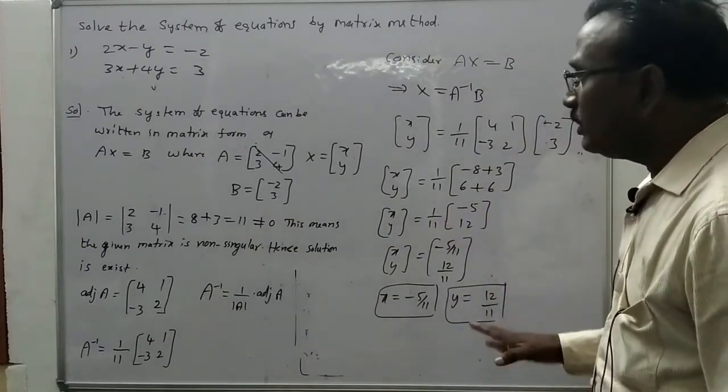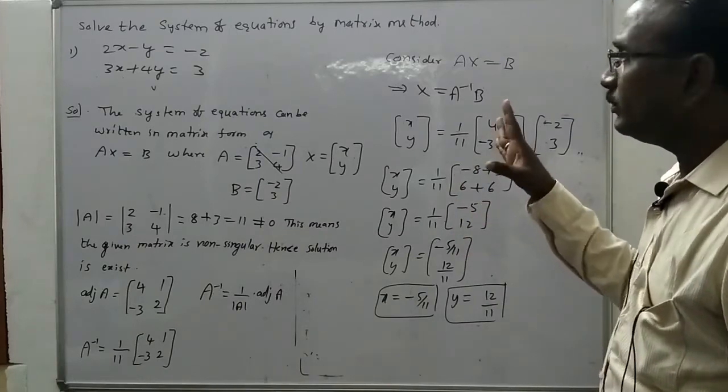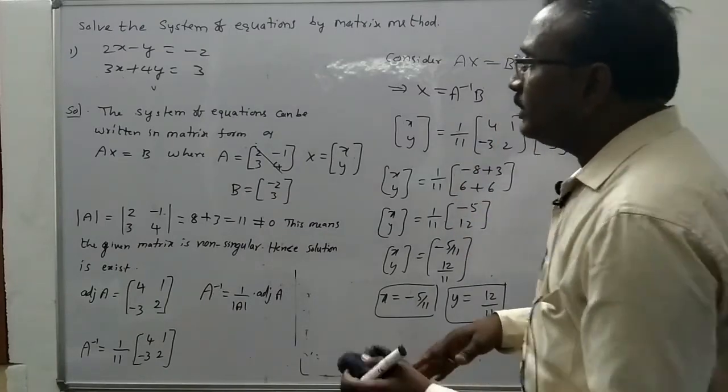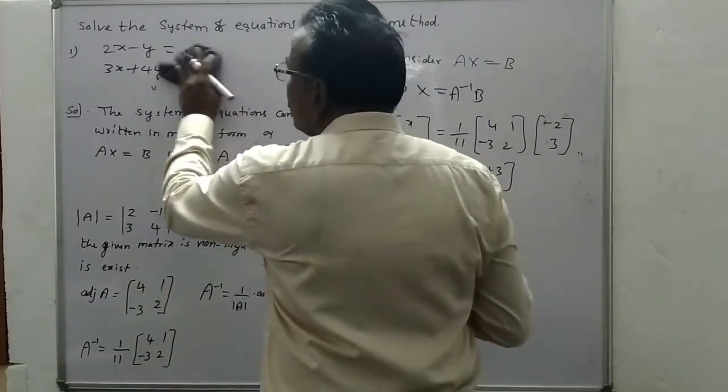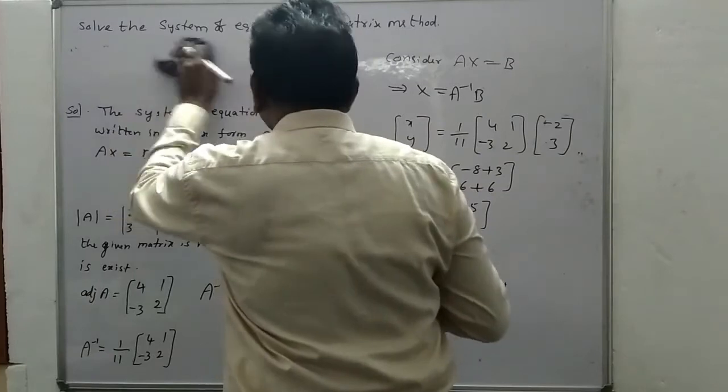So this is the method to solve the system of equations by using the matrix method. Next, here consider three equations. So these were two equations, a 2 by 2 matrix. Let us see a 3 by 3 system of equations.